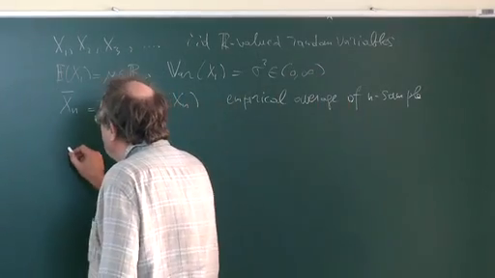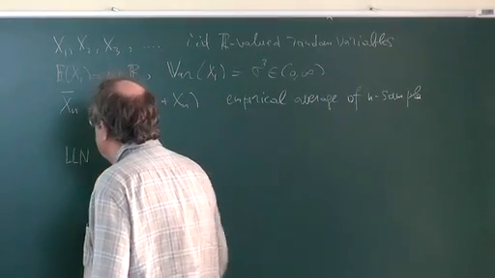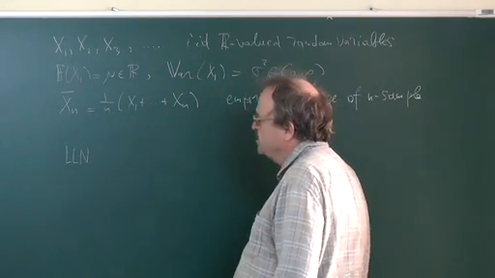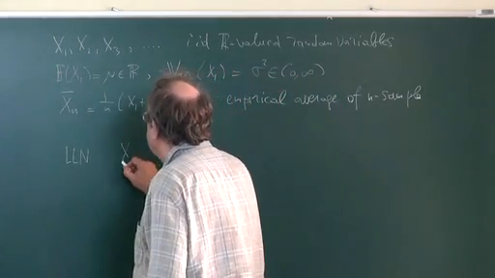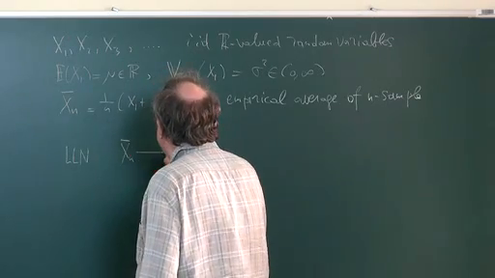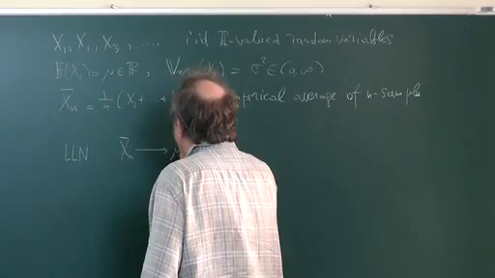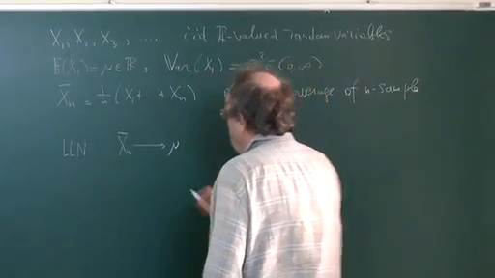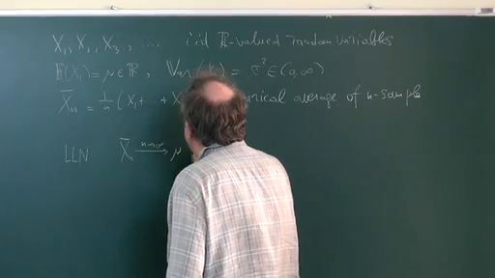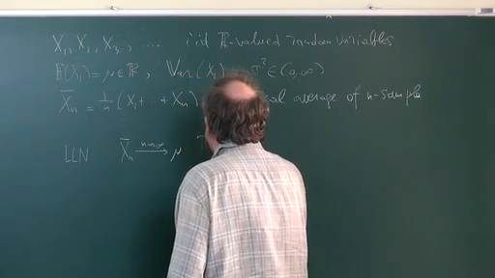Then we know that there's a very famous fact, the law of large numbers, that says that X bar n will converge to the number mu, this expectation, as n goes to infinity, P almost surely.